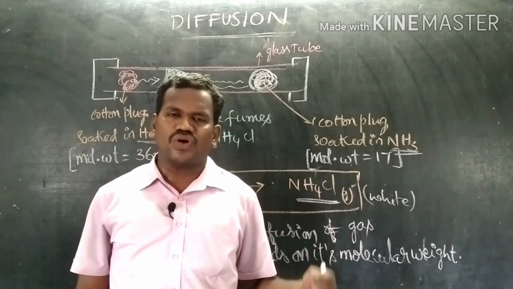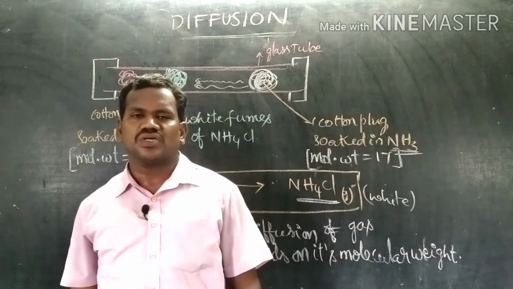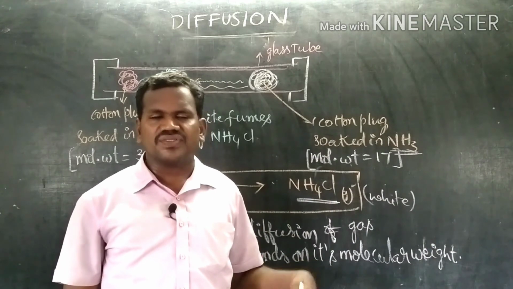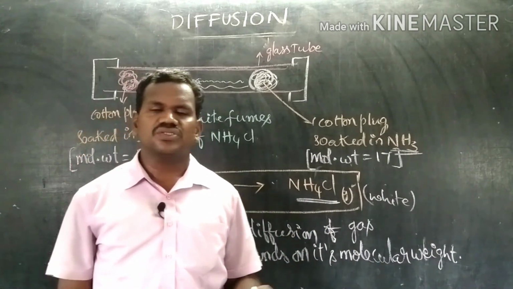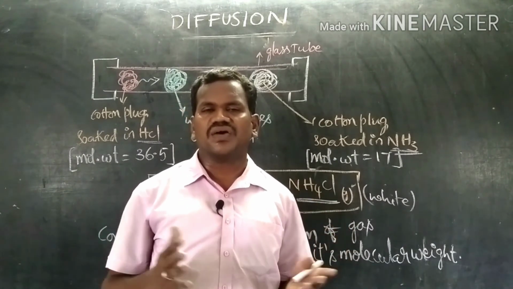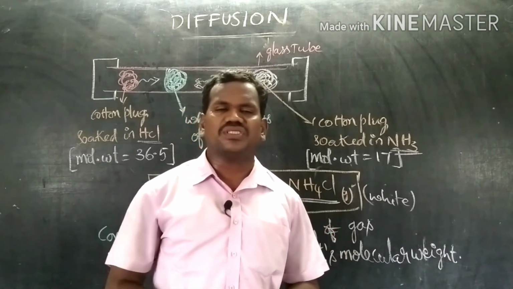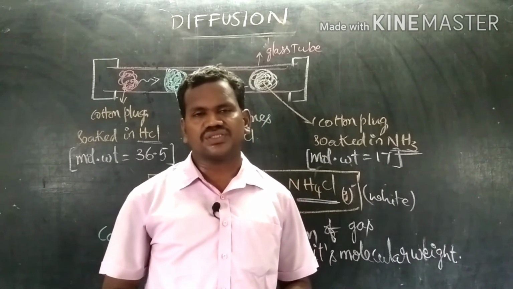Intermolecular distance is moderate in the case of liquids, so the inter-attraction forces are also less. Whereas in the case of solids, intermolecular distance is very small, so the inter-attraction forces are more. Because of the highest interaction forces, the rate of diffusion is less in the case of solids.